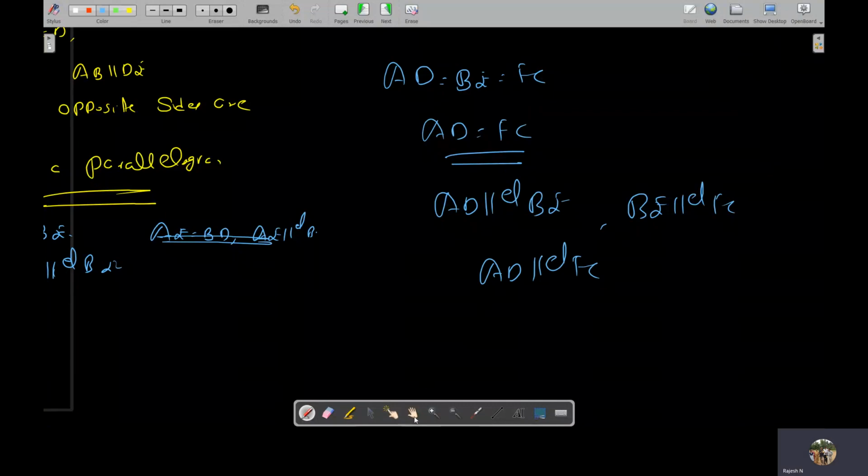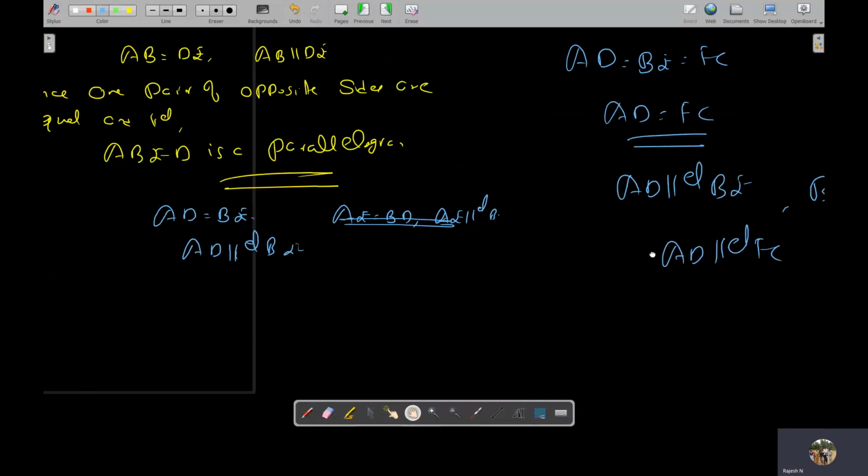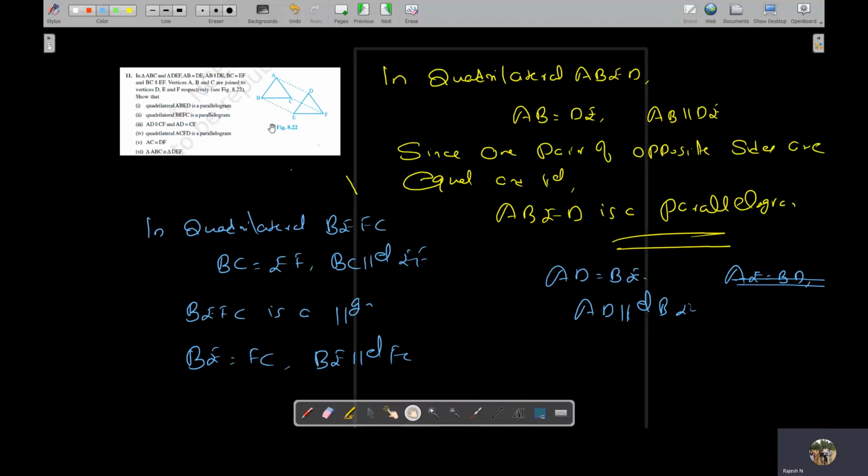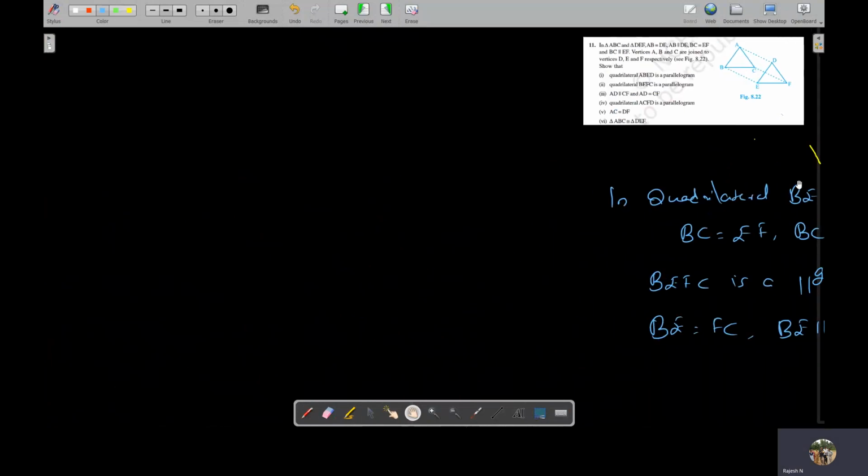If AD is equal to FC and AD is parallel to FC, what can you say?